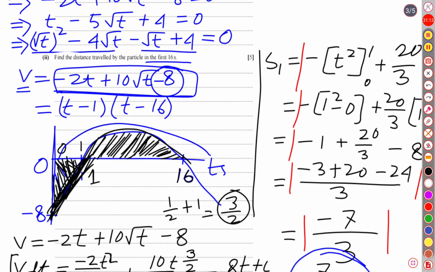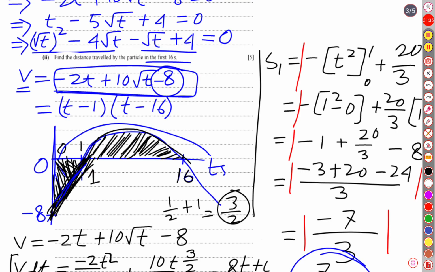It will be a mistake because some parts of the graph lie below the x-axis. The part below the x-axis will produce a negative result, but we are actually seeking a positive result. That's why we will have to use the modulus symbol for finding the area below the x-axis.